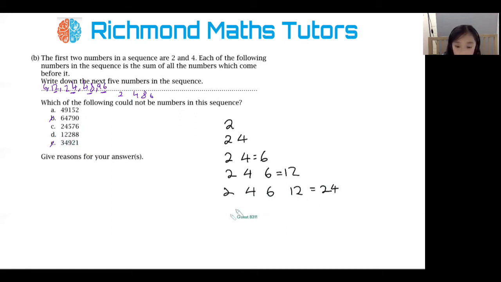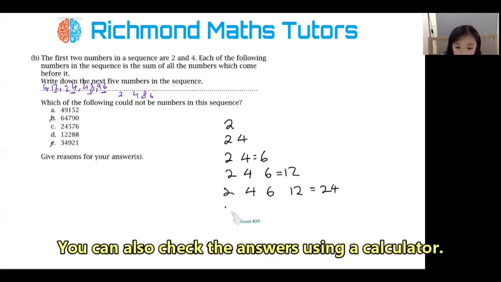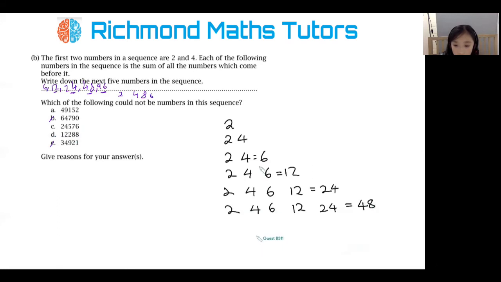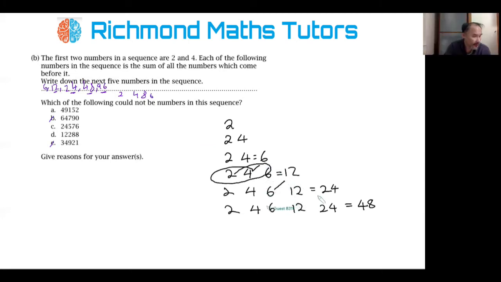And then it goes 2, 4, 6, 12, and then 24, which would equal 48. You'll notice that the 6 is always the sum of the previous numbers. So the 12 will then be the sum of all these numbers, and the 24 will be the sum of all these previous numbers.